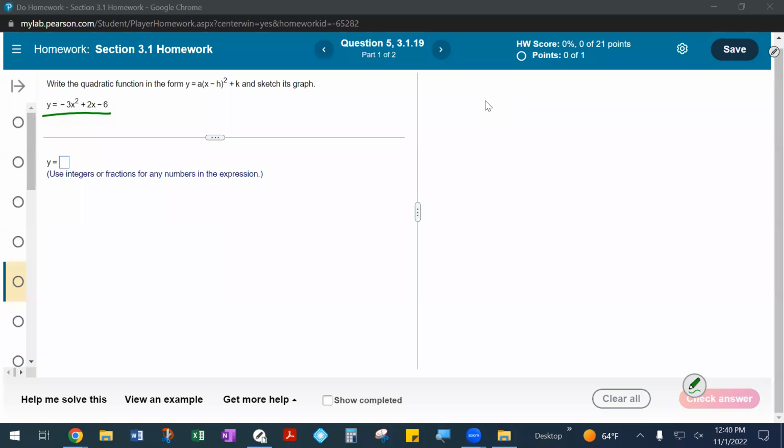It stays as y equals. Additionally, you're only grouping the first 2 terms, and leaving the constant term on its own for now. We don't mess around with it. So we would start by factoring out the -3 from the first 2 terms.